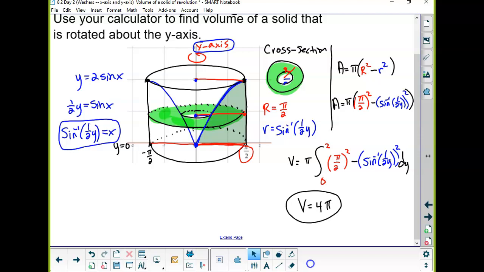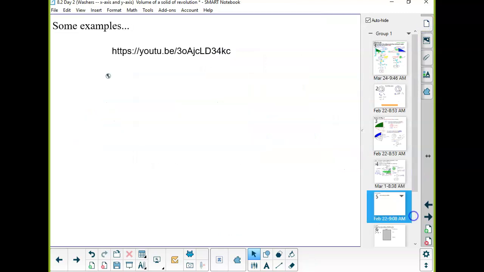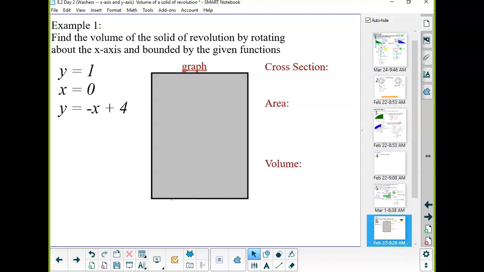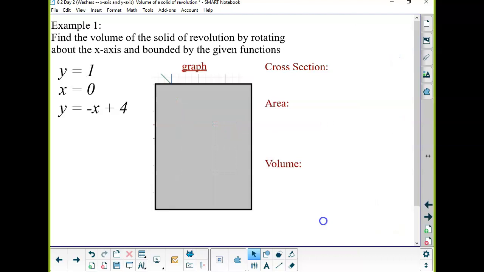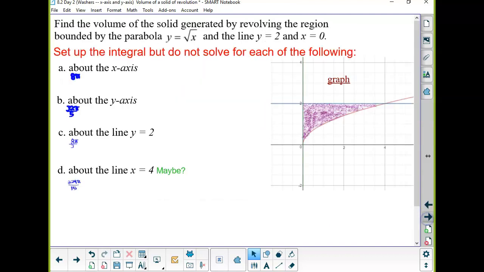All right, let's not do this one. Let me see. Okay. Yeah, we're gonna save this one for tomorrow.